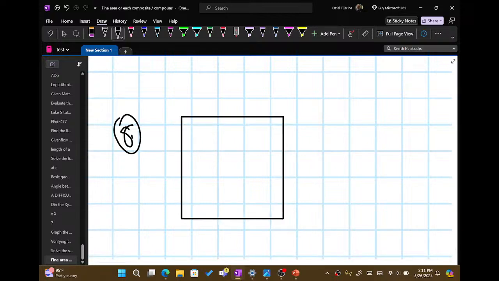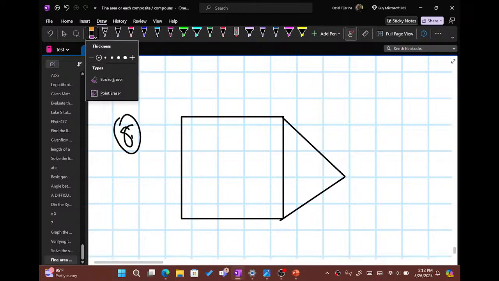It kind of looks like a doghouse if you think about it. So it's just going to go like this, something like that. It's not drawn to scale, but y'all kind of understand the main idea.